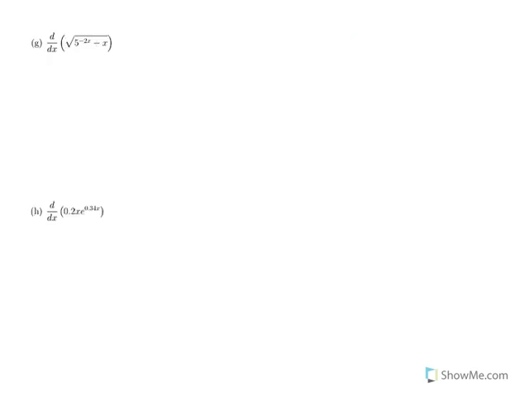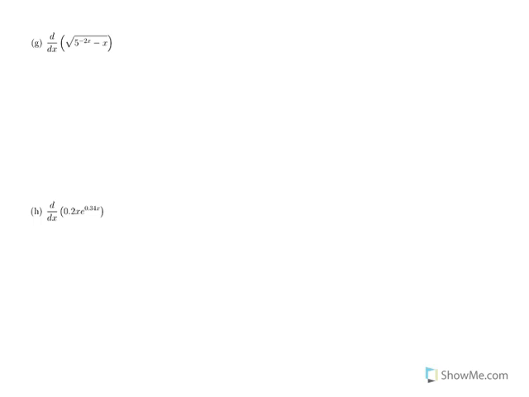So the next one is the derivative of the square root of 5 to the negative 2x minus x. And we're actually going to have two applications of the chain rule here, but we're going to be careful of doing one in front of the other.